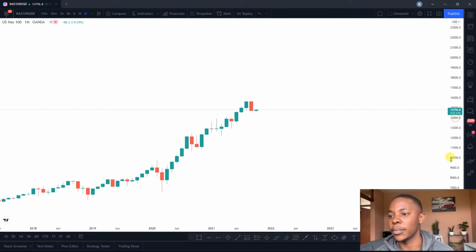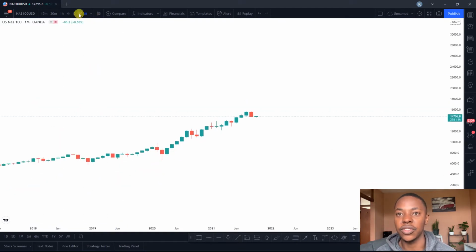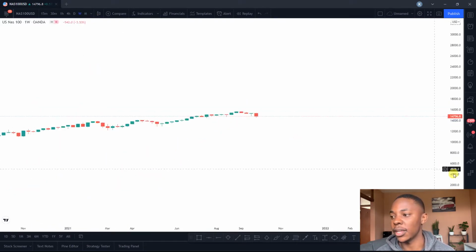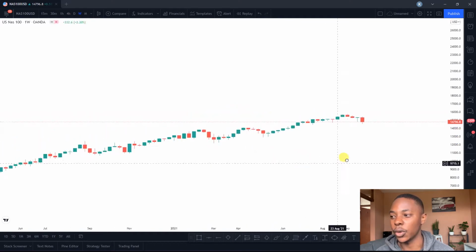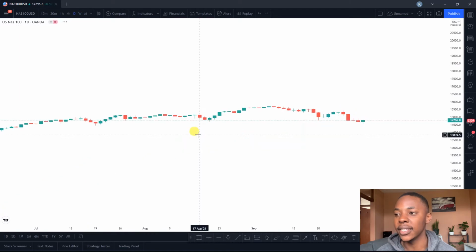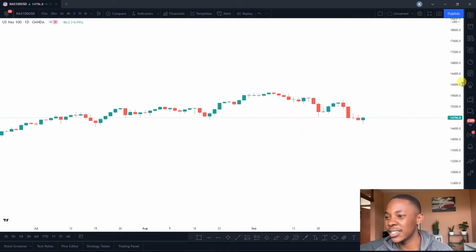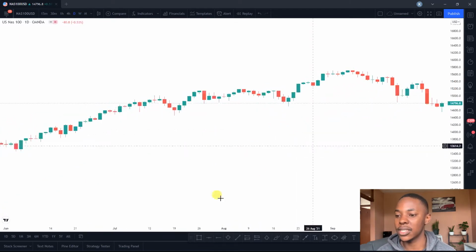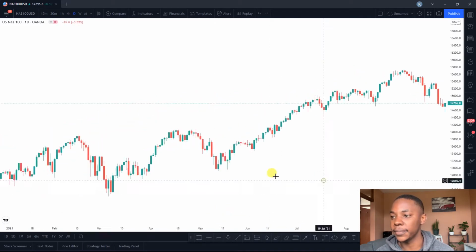So it depends on what type of trader you are. But if you're a day trader like me, you just have to look at weekly and daily. Most importantly, daily, just to check the overall trend. Candlestick closes, just to check all that.